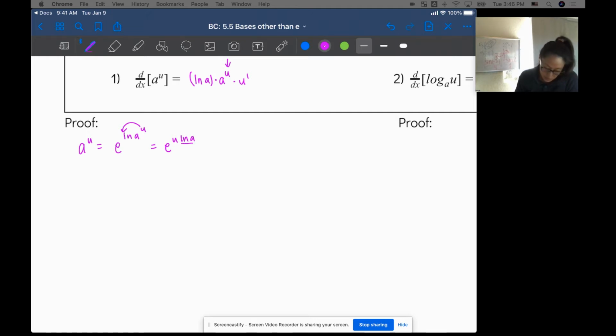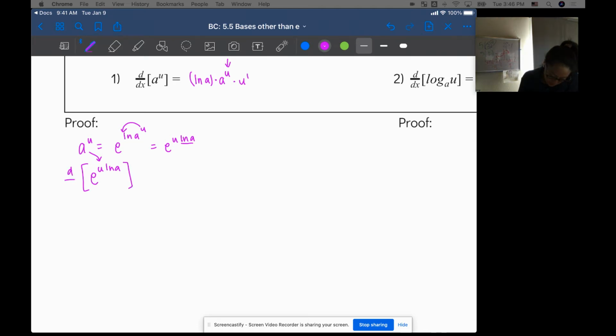And the ln of a is just a constant, and u is the variable that we're taking the derivative of. So I now have the function e to the u times the ln of a, and remember that's just a to the u, rewritten in a different way.